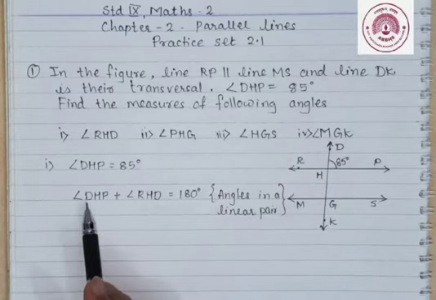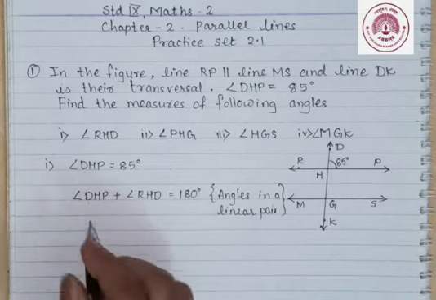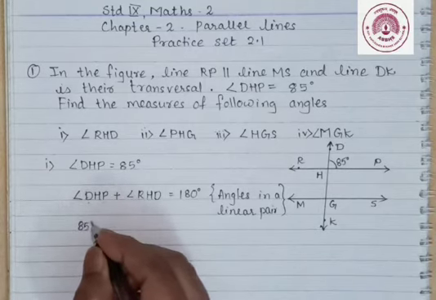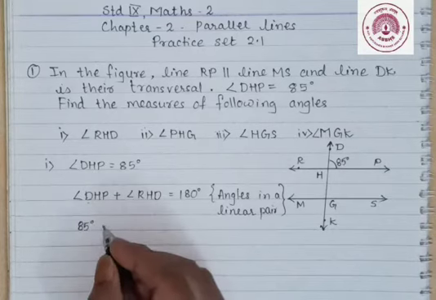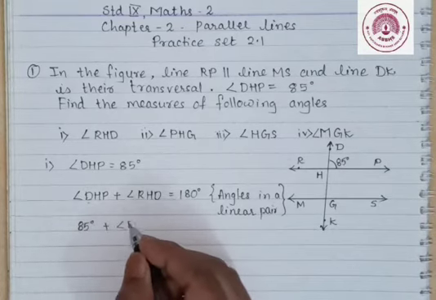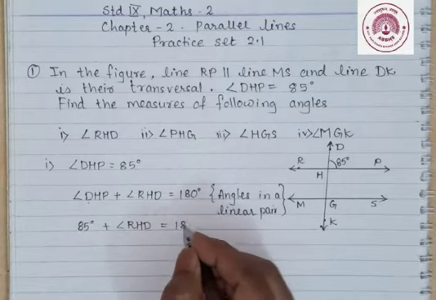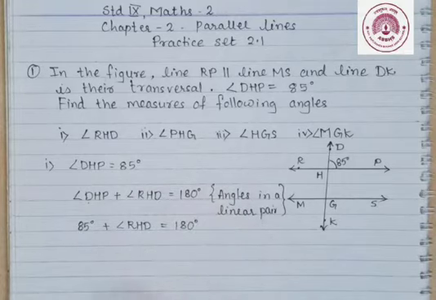Now we know the value of angle DHP. So let's substitute. Angle DHP equals 85 degrees, so we substitute its value plus angle RHD equals 180 degrees.